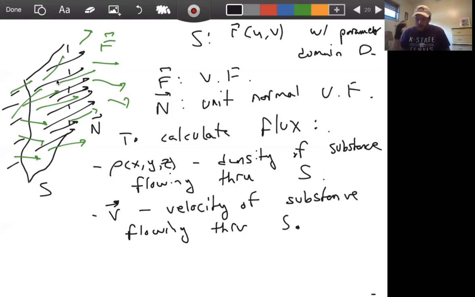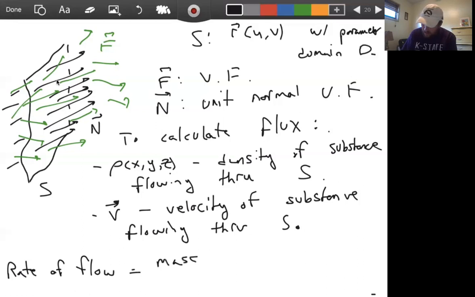And now, how are we going to calculate flux? Well, calculating flux is the rate of flow, which is, what is a rate of flow? Well, this is mass per unit time, so mass per time per area, right? And so what this means is, well, we need something that's mass per time per area.